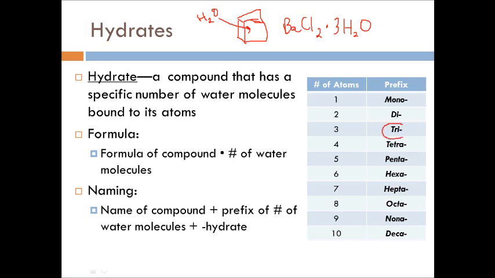So in this case, it's 3, so it'd be trihydrate. So the name of this is barium chloride trihydrate. Okay, so it's the formula with a little dot and then the number of water molecules, and then to name it, you name the compound, and then we use these prefixes here on the right, plus hydrate.